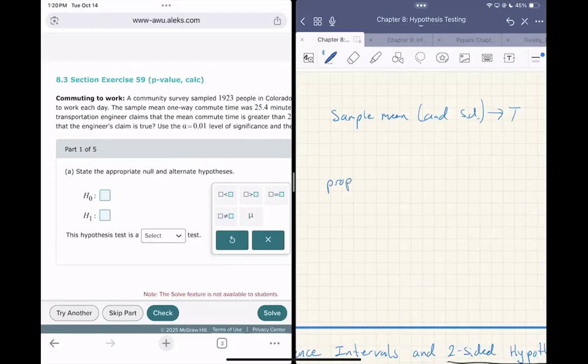Whereas if the word proportion shows up, proportion or percent, right? Or if you're looking at some number out of some number, that's going to be a proportion test.